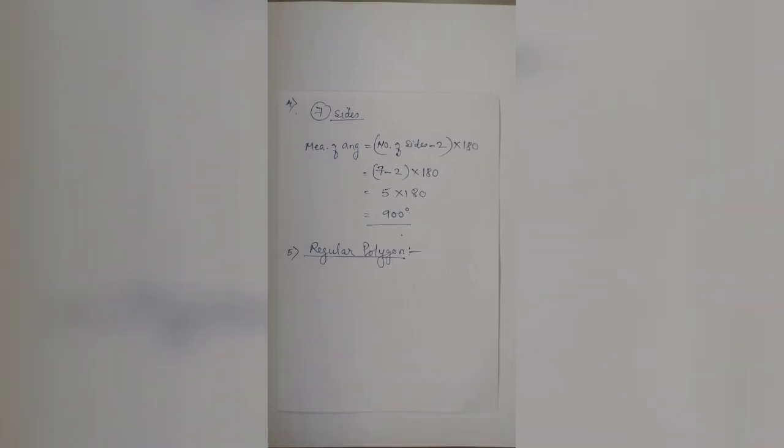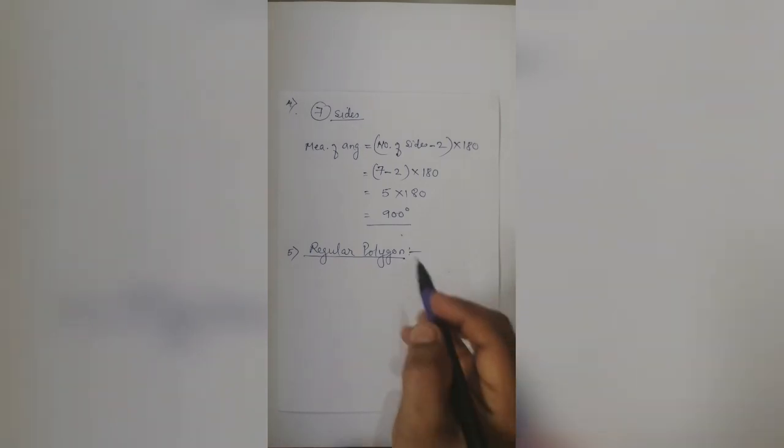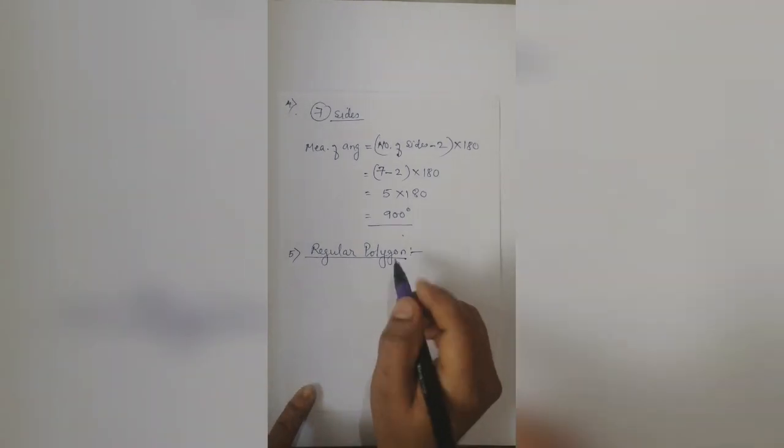If a four-sided regular polygon, all the sides equal means it is a square. And for six sides, it is a regular hexagon, because all the sides are equal. That is nothing but a regular polygon.